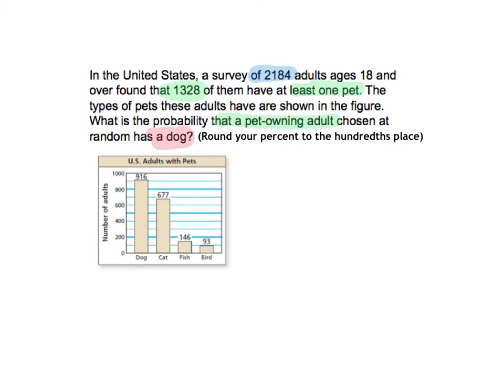Well, the first thing we have to think about is, what is our denominator going to be? Is it going to be out of all 2,184 people that they asked, or the 1,328 people that have a pet? The question is asking what is the probability that a pet-owning adult has a dog. The pet-owning adults are 1,328 of them, so your denominator is not going to be 2,184, it's going to be 1,328.